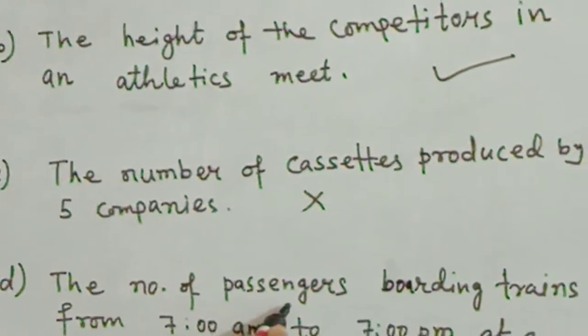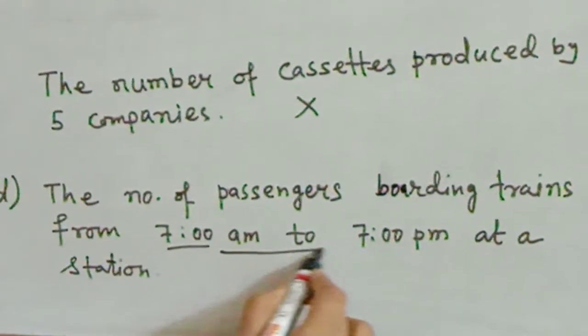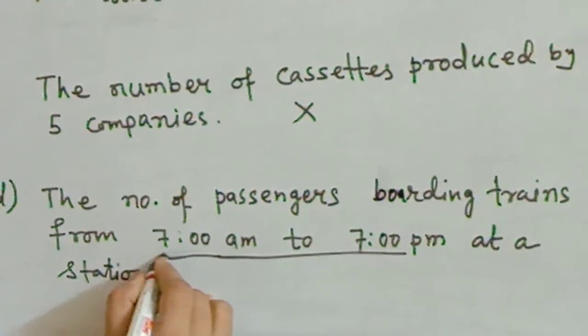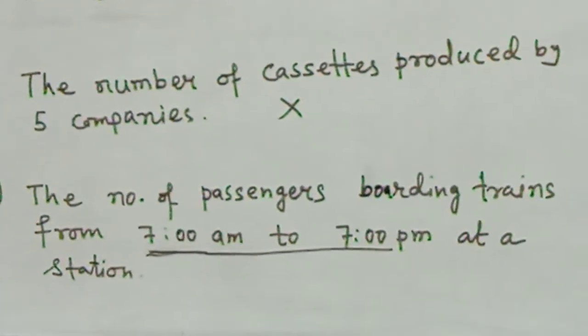The number of passengers boarding trains from 7 a.m. to 7 p.m. It is possible to draw a histogram here.